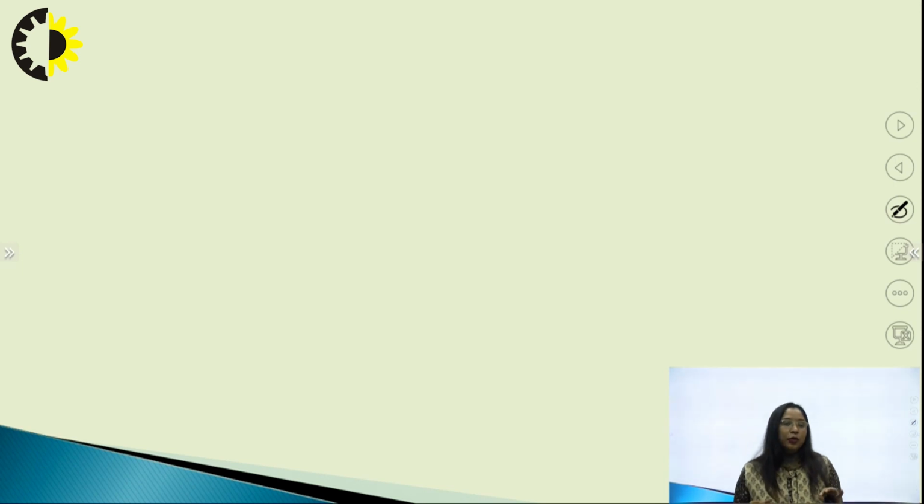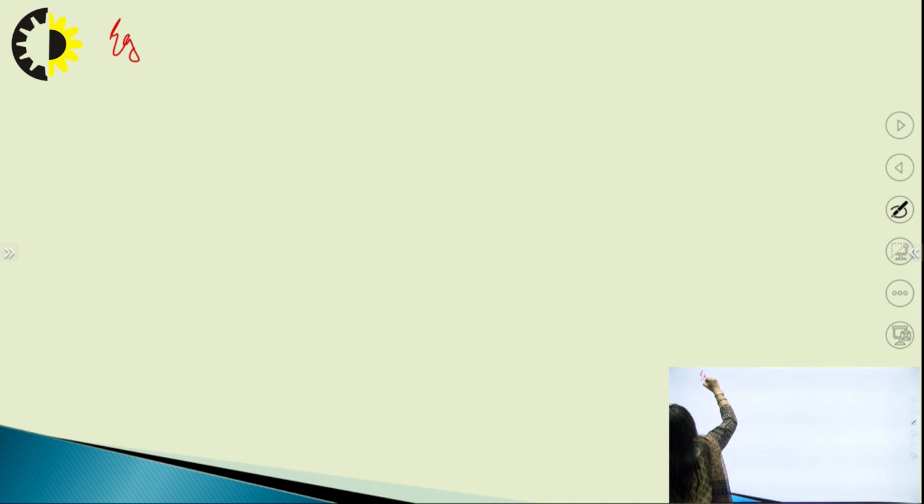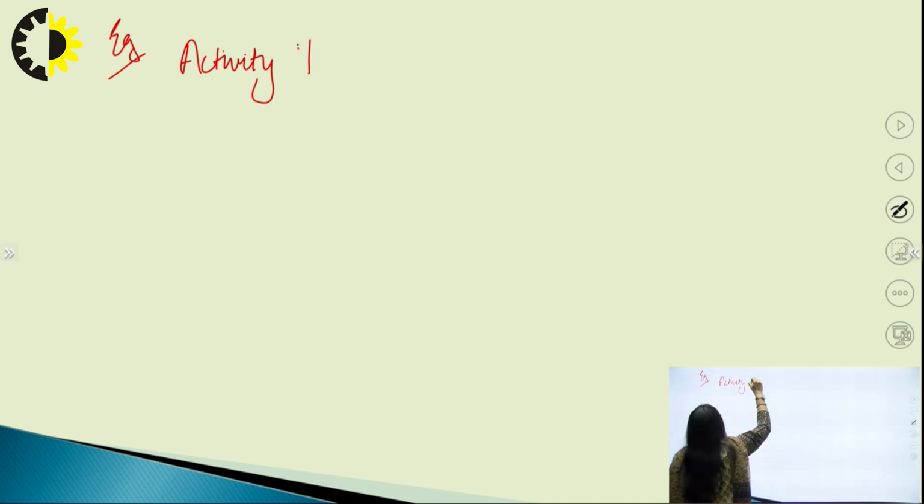Since it is a graphical method, first we have to make a network of a series of events in a synchronized manner. This is called a network. After that, we will find out the critical path in this network. I will take an example: this is the activity, this is the duration.